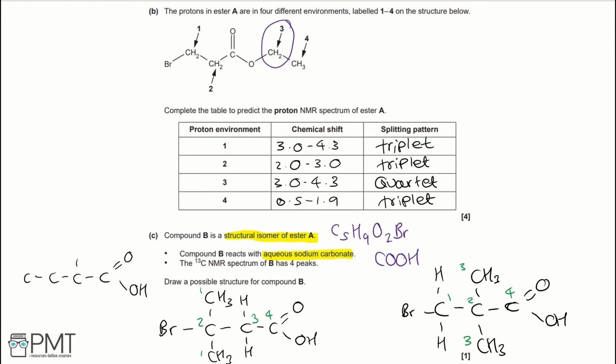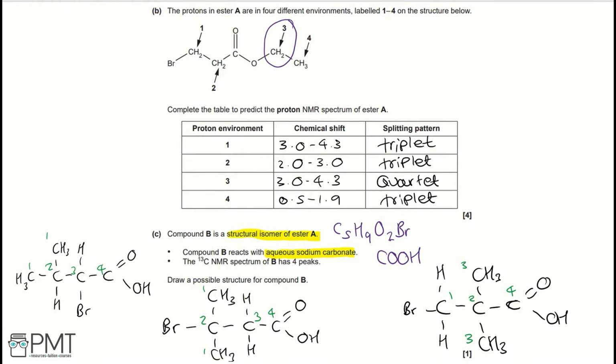We would then have a hydrogen and a bromine and a CH3 group and a hydrogen, because we would then make our left-hand side carbon a CH3 group. So when identifying the carbon environment peaks, we would have 1 repeated twice, 2, 3, 4, therefore making this another possible structure for compound B.